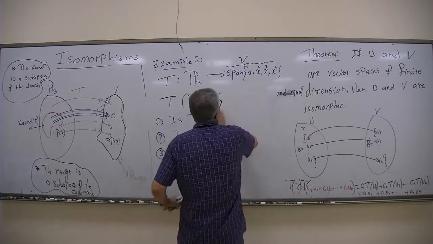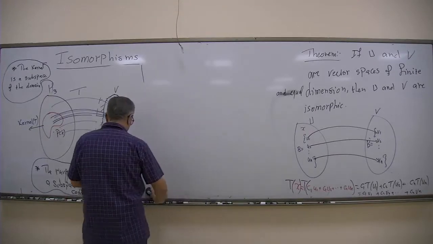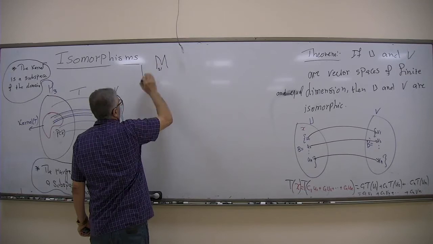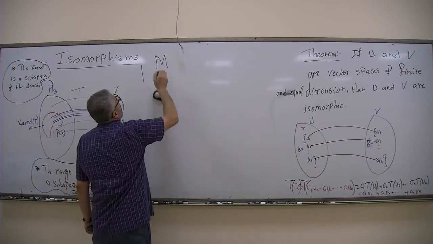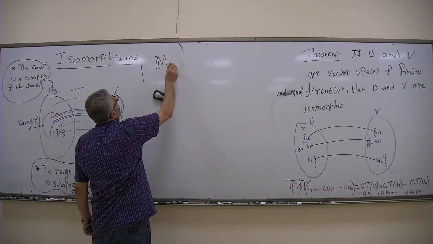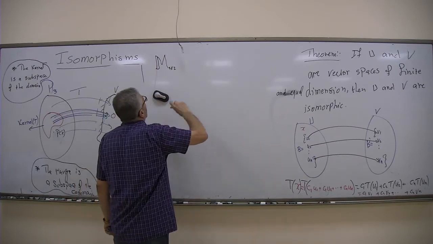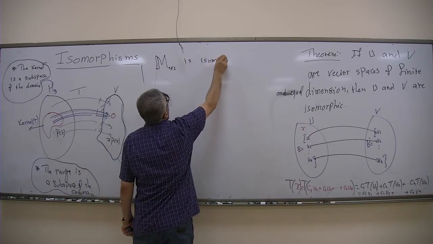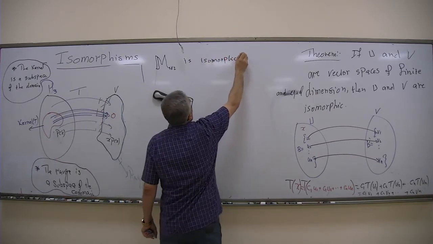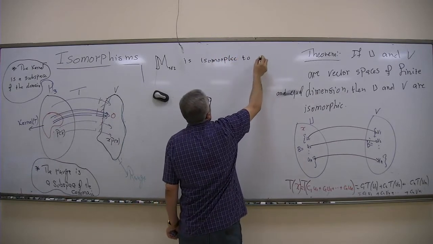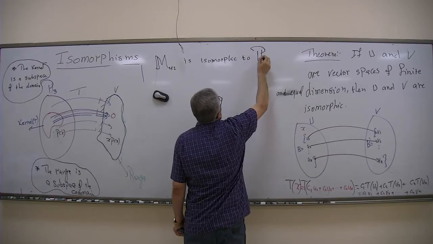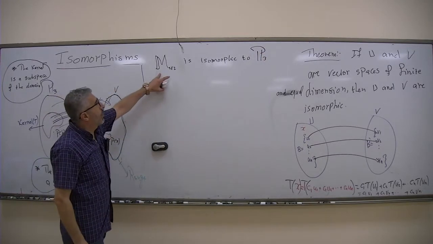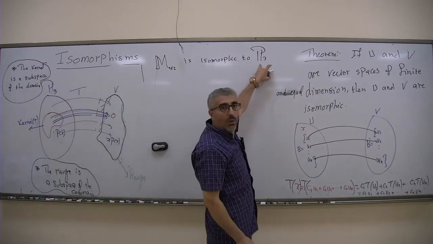All right, so let's see here. M2 by 2 is isomorphic to P3. Why is that? This has dimension 4, this has dimension 4.